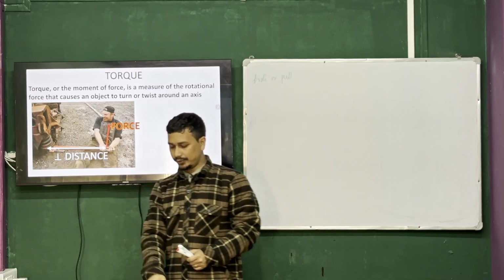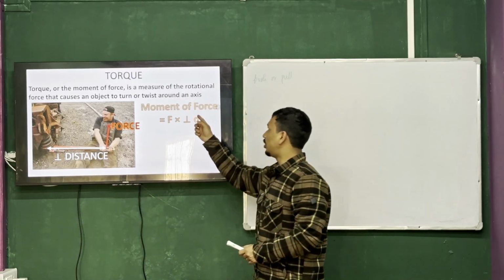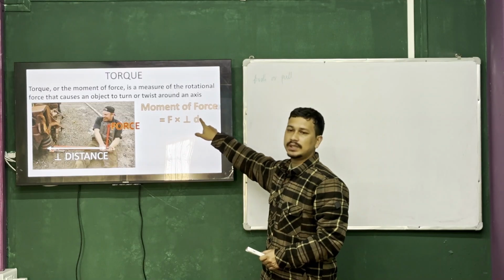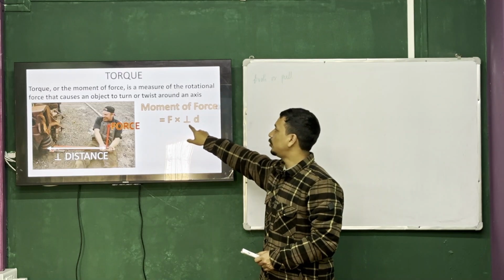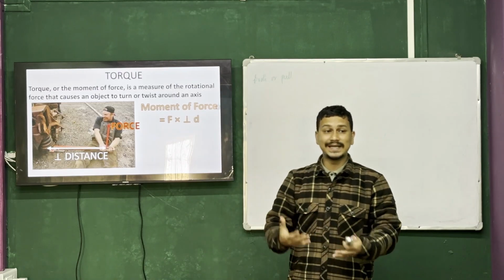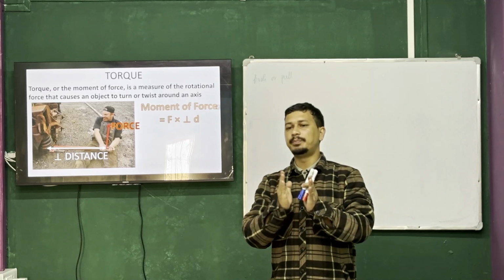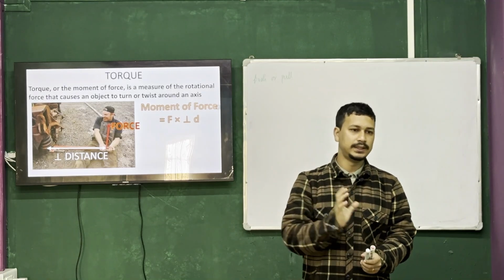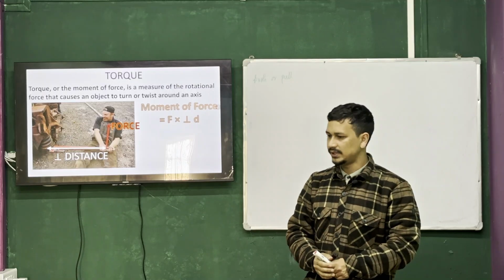Based on these two, the torque will depend. So we get torque is equal to force into perpendicular distance. Notice how I'm writing perpendicular, not just any distance, because the perpendicular distance always has to be the shortest possible distance. Is it fine?